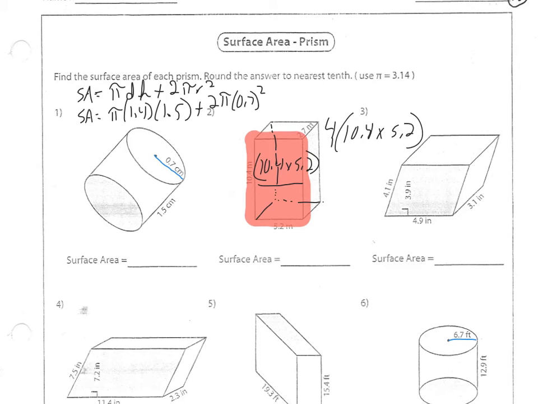Then what I have to do is find the area of that inside, which is going to be 2.7 times the width, which is 5.2.